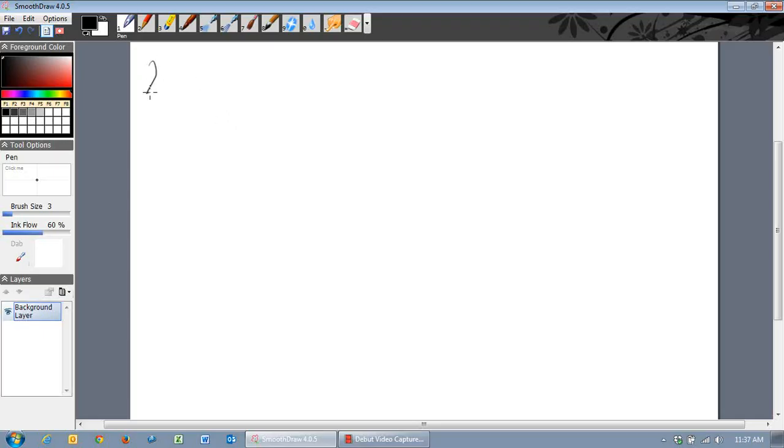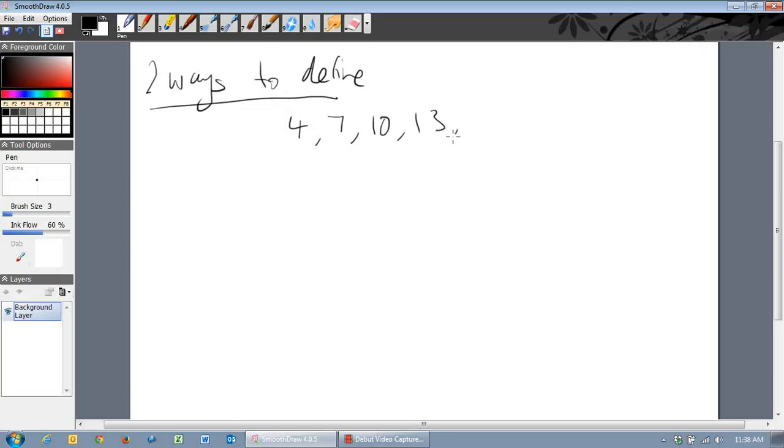Okay, so let's just look at a few other things now. There's sort of two ways to define a sequence. So let's just look at a sequence. Let's have a look at this sequence here. So 4, 7, 10, 13, etc. Okay, how can we define this? Well, we need to just have a think about a few things first.